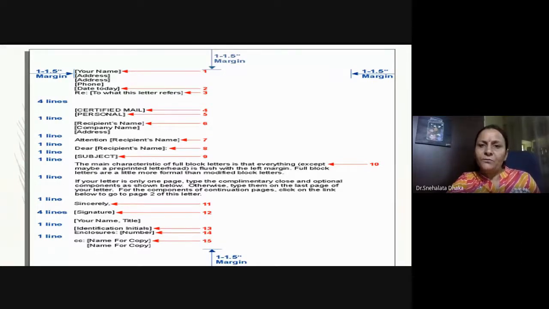And the third format which we were discussing was the modified block format. In that again, there will be a slight shift in the first step only. The first step of information will be shifted towards the right upper corner, and the rest of the steps will be aligned from the left side only.